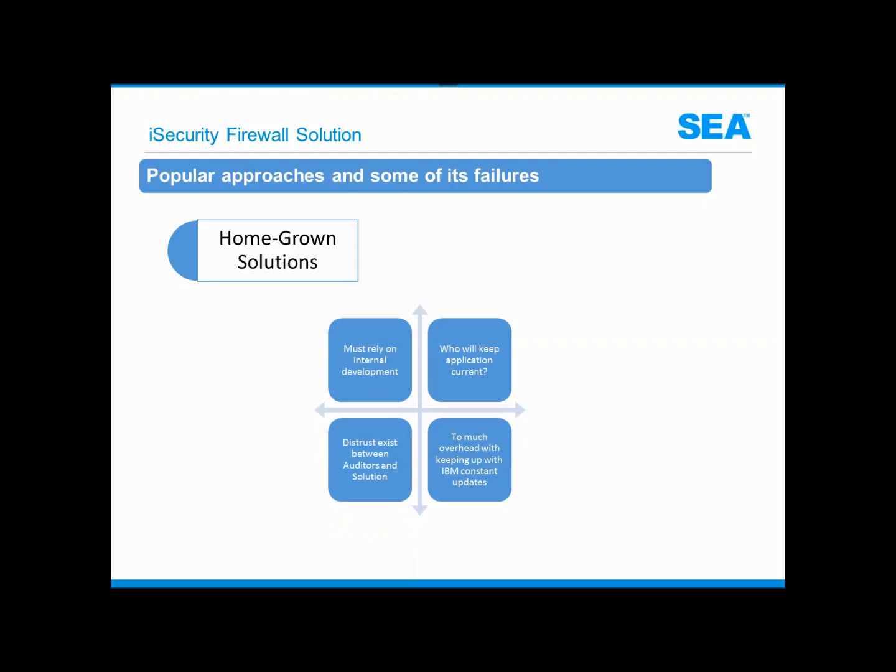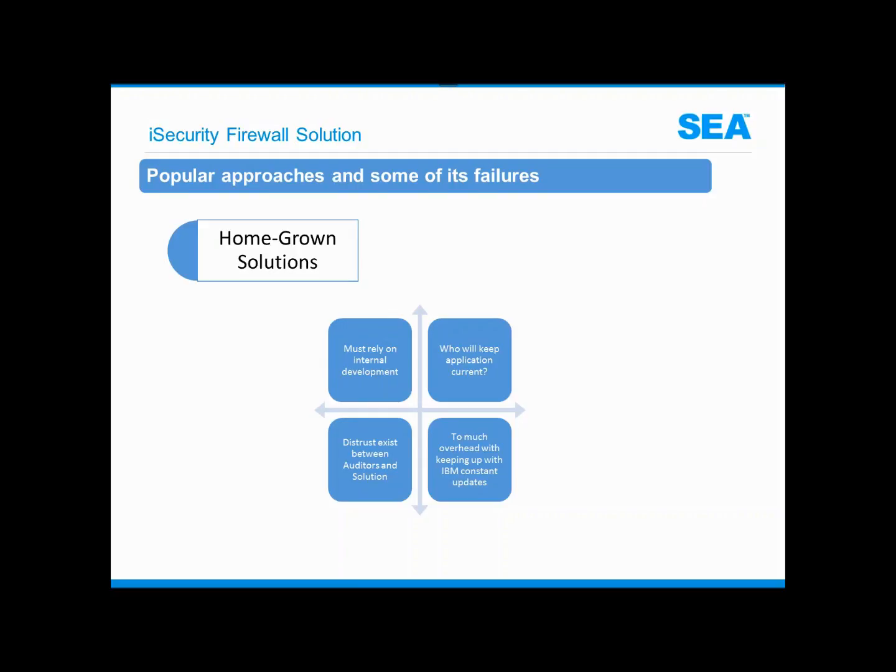Some of the problems they encounter with a homegrown solution is that you must rely on the internal development staff. That means you have to allocate resources to keep the application current using your own programmers and developers.